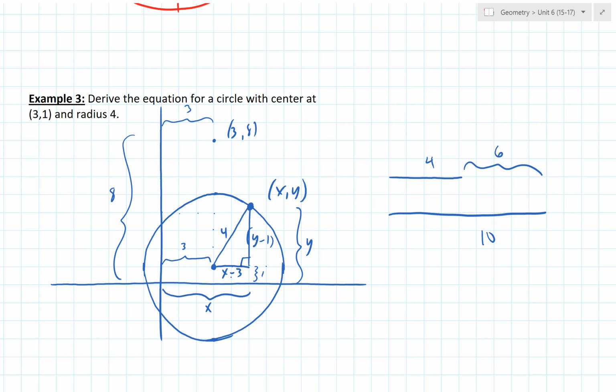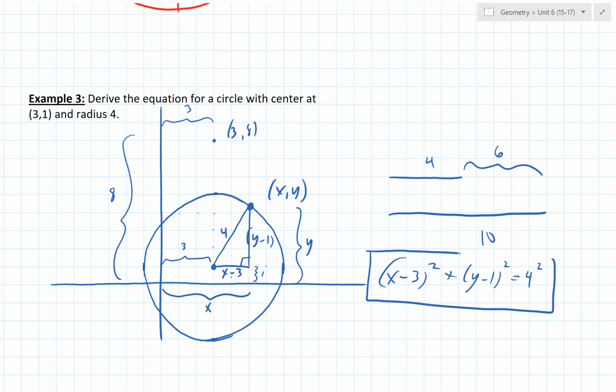Okay, Kate, what equation does the Pythagorean theorem give us? (x minus 3) squared plus (y minus 1) squared equals r squared, equals 4 squared. Good. Okay, (x minus 3) squared plus (y minus 1) squared equals 4 squared. That is the equation of that circle.